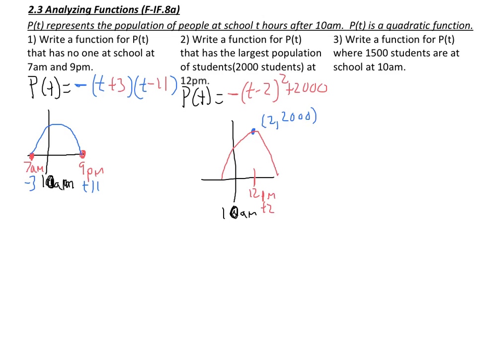So for this one, write a function p of t where 1,500 students are at the school at 10 a.m. Now, isn't 10 a.m. giving you a little deja vu? Isn't 10 a.m. your 0 time? So if we graph this, we know this is going to be p of t.